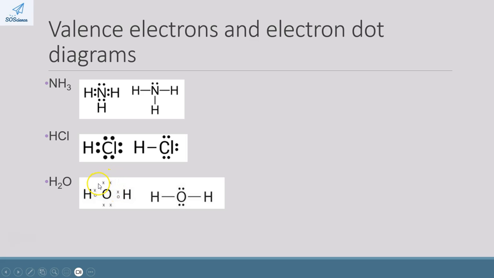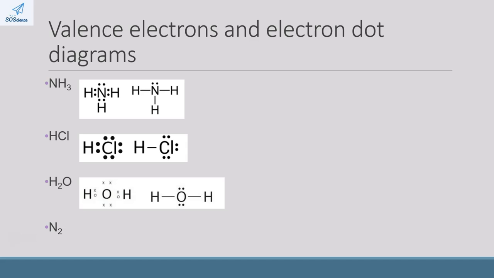Those are the valence electrons that belong to oxygen. And then each hydrogen atom contributes a valence electron. So there is a single bond on either side of the oxygen atom, bonding oxygen to hydrogen. And then we still need to show the electrons of oxygen that are not involved in bonding.